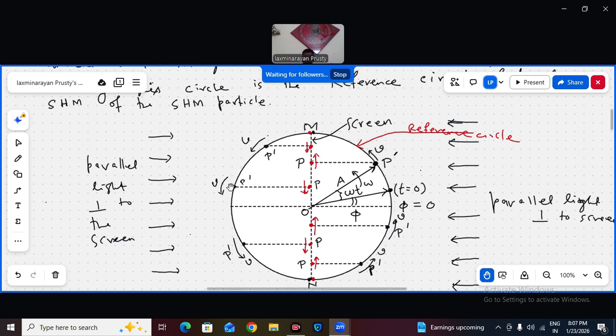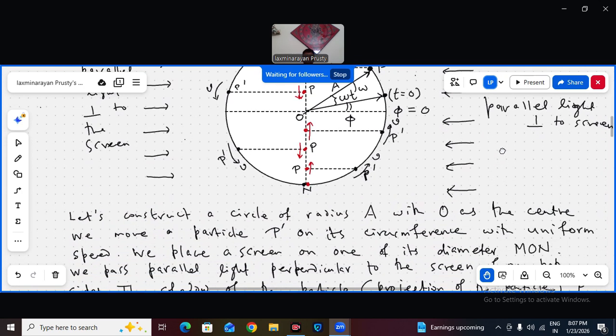As P dash comes to N position, shadow comes to N position along the diameter. As the UCM particle goes to this position, shadow also goes from N to O position. So as it completes one revolution, the shadow completes one complete oscillation. This is what we are observing.